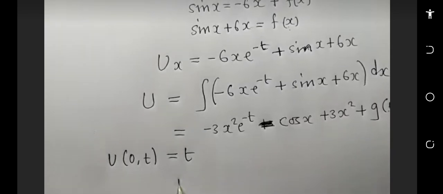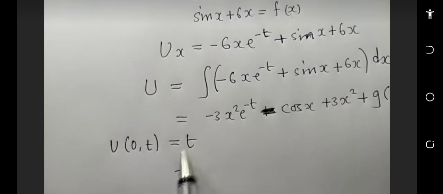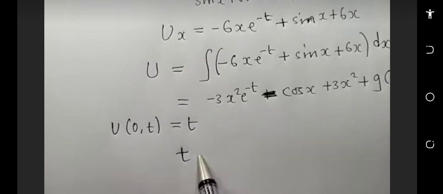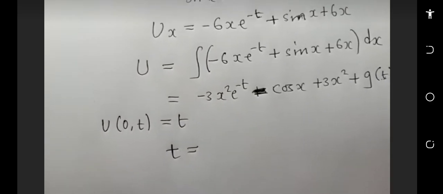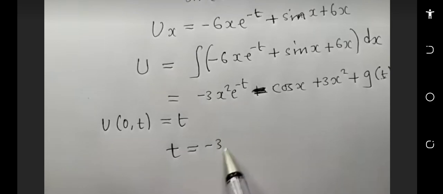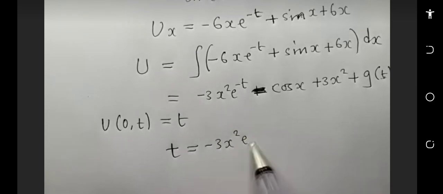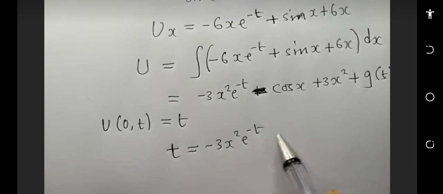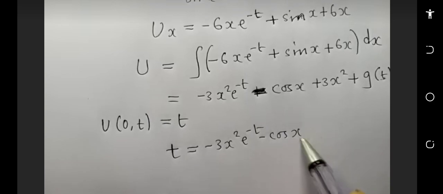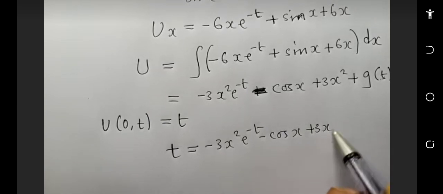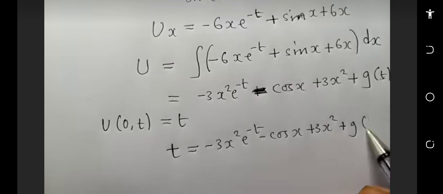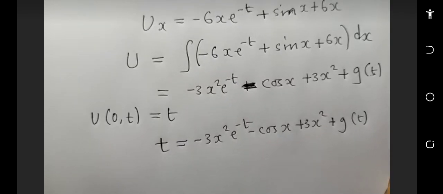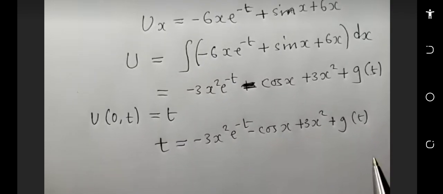We're going to say t, okay, this t is equal to everything. So t will be equal to negative 3x power 2 e there. Okay, you can see we just copy everything.